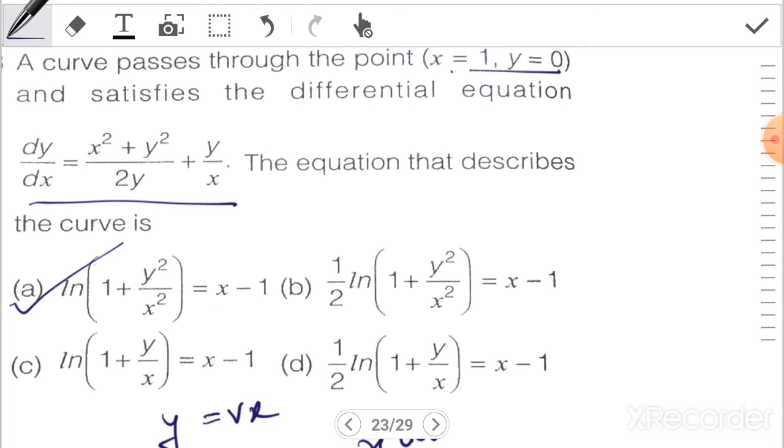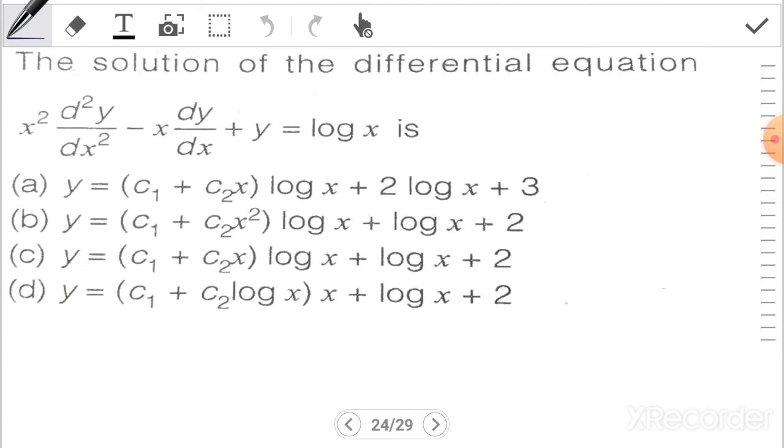Okay, let us go to the next question. The solution of the differential equation x square d square y by dx square minus x dy by dx plus y is equal to log x is.